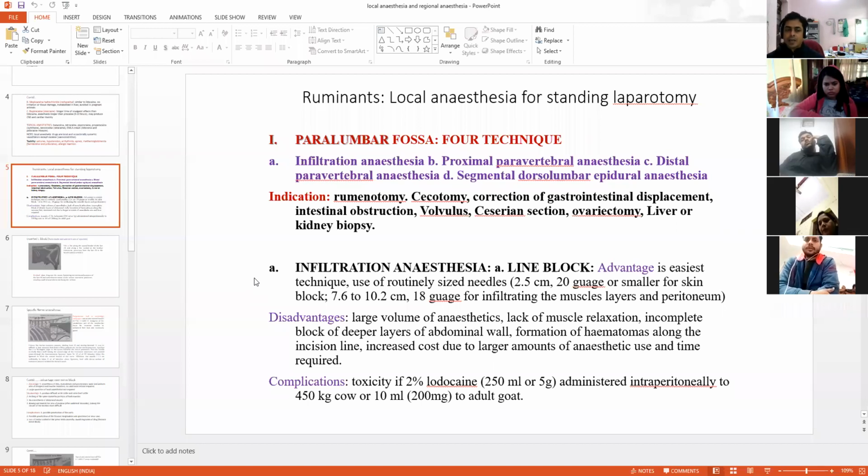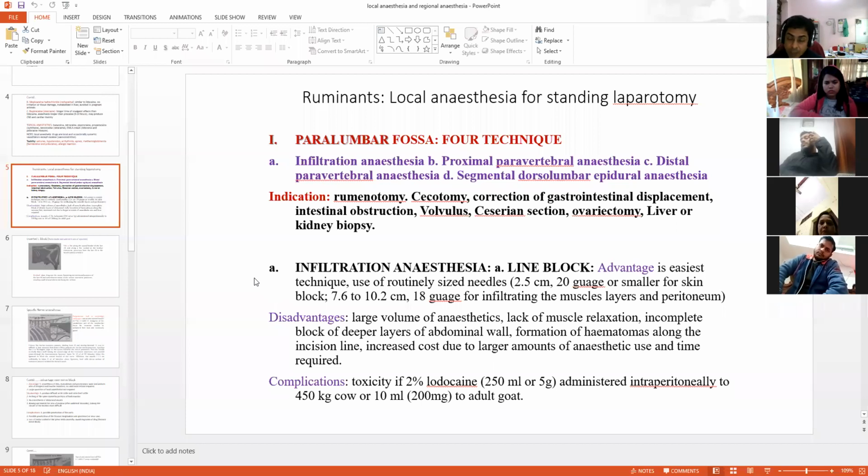Next is incomplete block of the deeper layers of the abdominal wall. You have to take precaution that the needle does not go beyond the peritoneum, so blocking of the deeper layer will not be achieved.